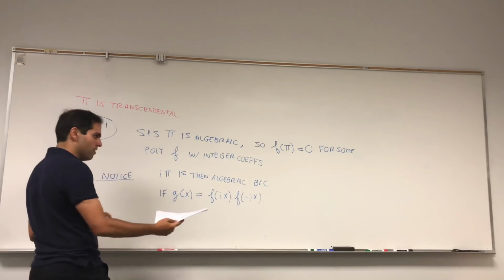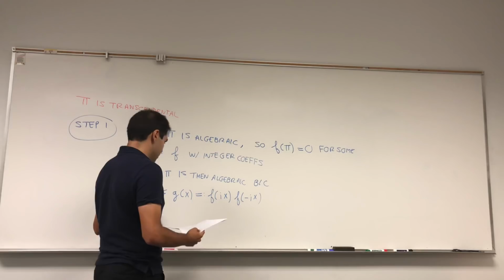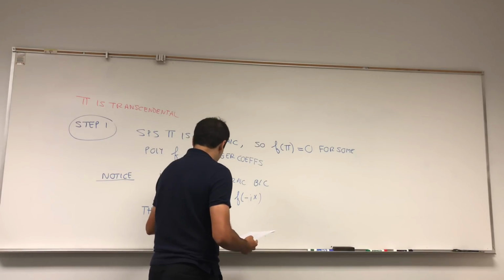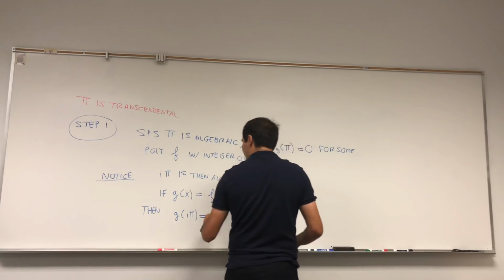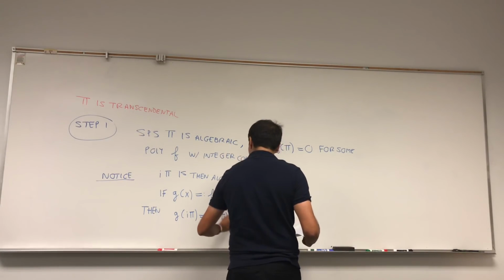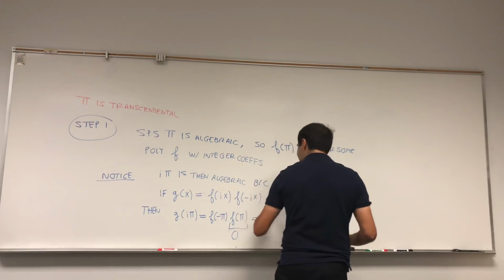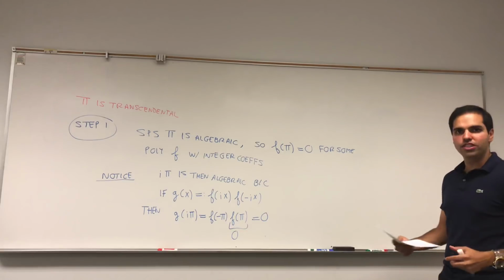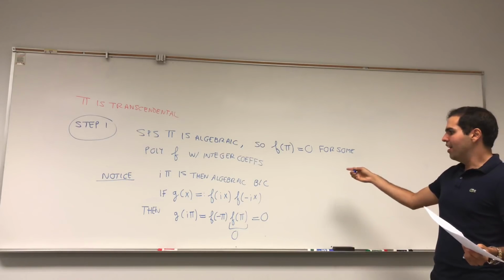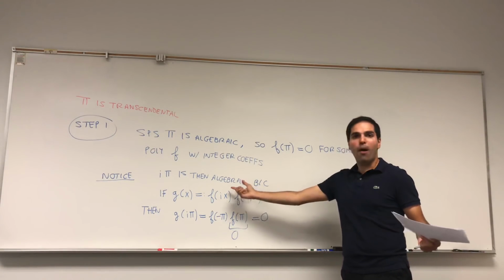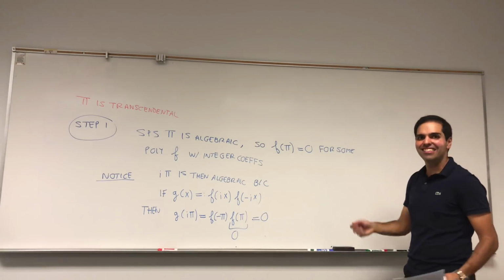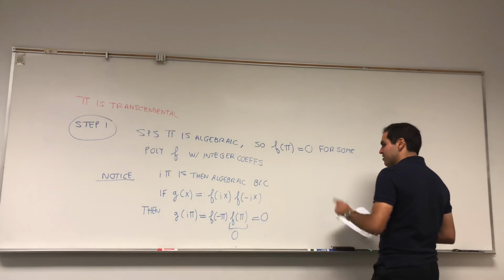If you consider this polynomial, then let's see what is g of i pi. Well, it is f of i times i pi, so f of negative pi, times f of pi. But f of pi is 0. So i pi is a root of g. The only problem is that g is possibly a complex polynomial, so its coefficients might have i's in them.